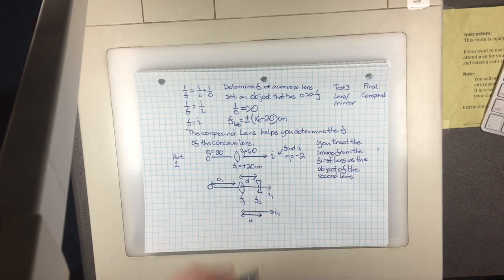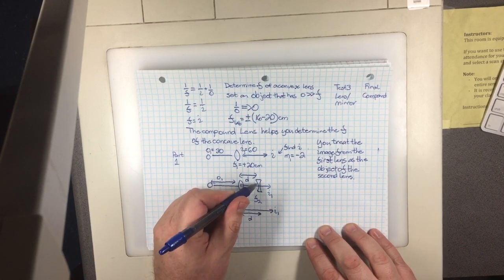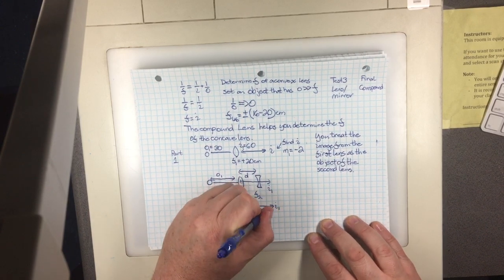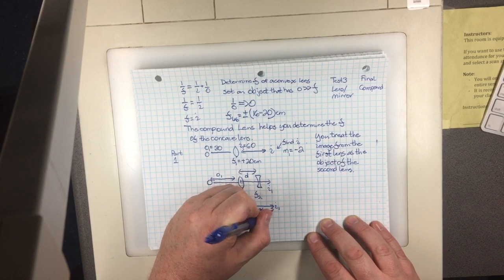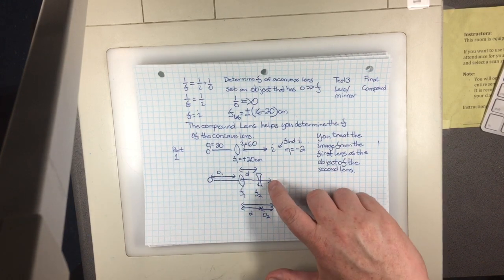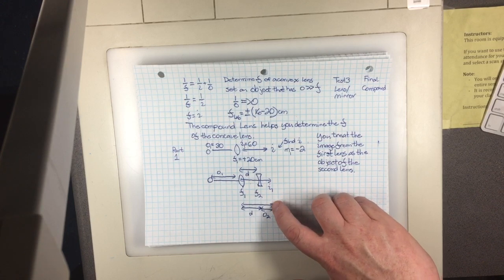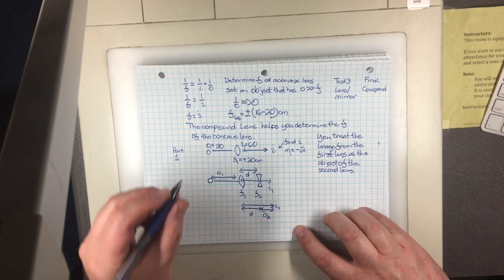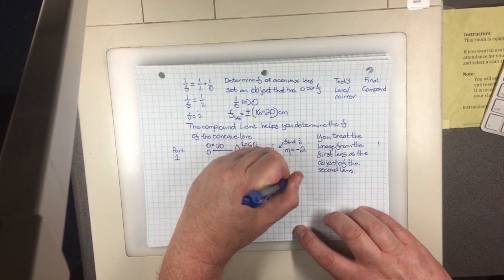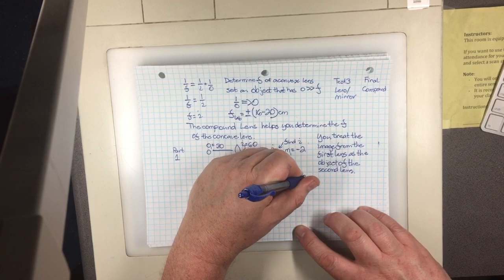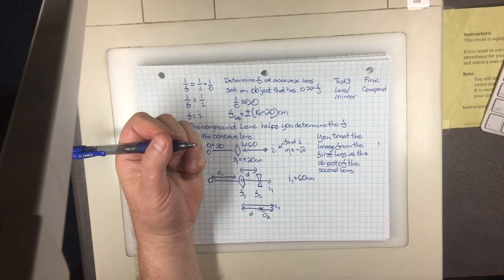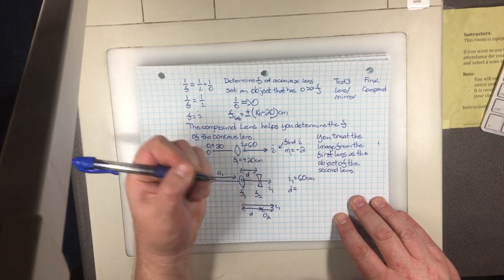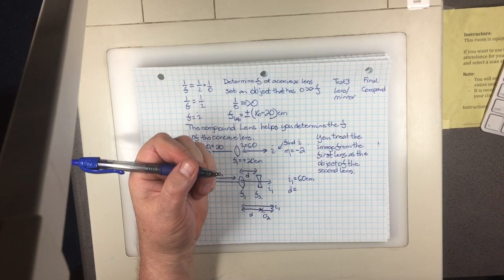What you do is, this is your image distance I, and you've placed a concave lens in between. This distance here is what we call O2. That image over here is now the object for this new lens. So if I1 is equal to 60 centimeters, and let's say D was equal to, I need to make this work out.